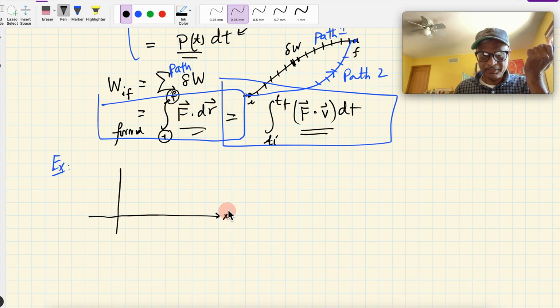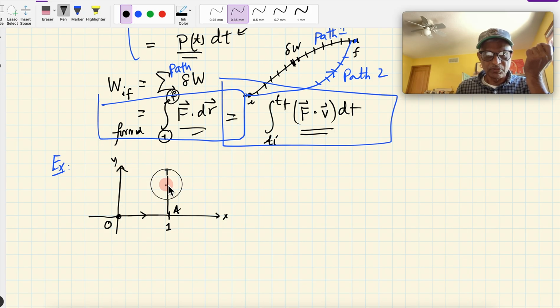Say I have the x-axis this way and the y-axis here, and start at O, go up to x equal to 1, turn around. So this is point A, and this is y equals 1, and go this way.